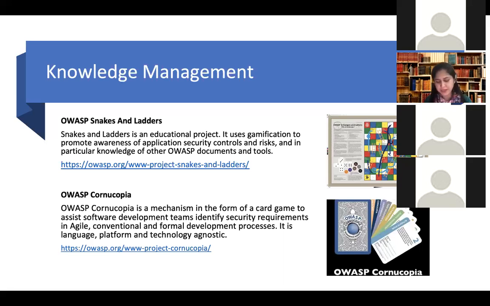Then Cornucopia. This is one interesting project that has come out especially well during the lockdown and pandemic period, where people were at home, and we wanted to get some games played around DevOps and Agile. So we started working on these cards, and every card has a hidden meaning for DevOps technology and for Agile.